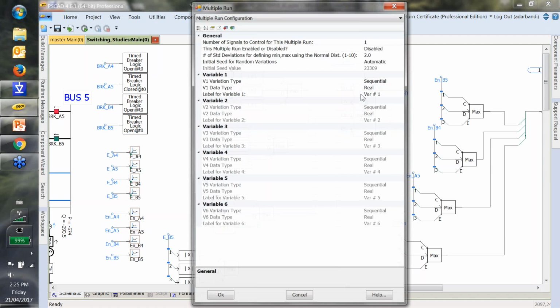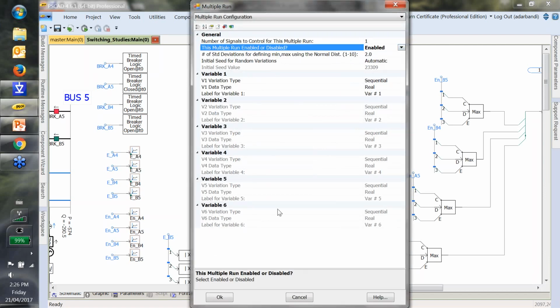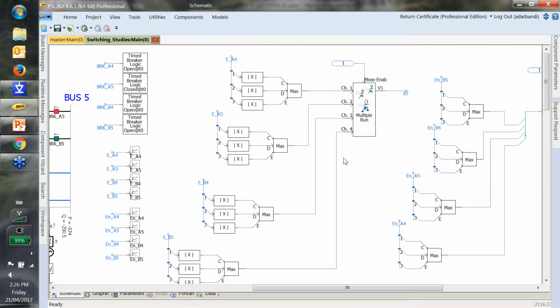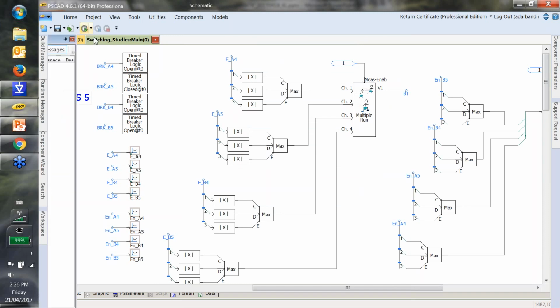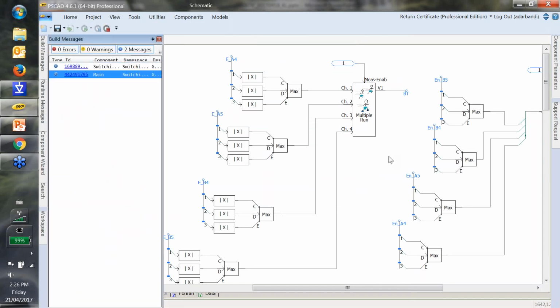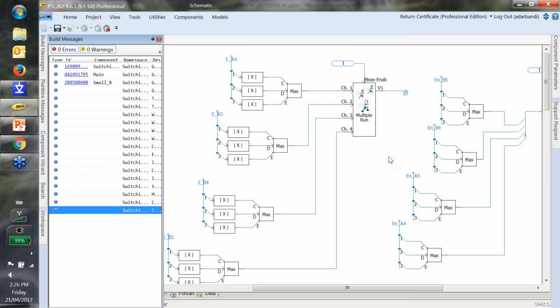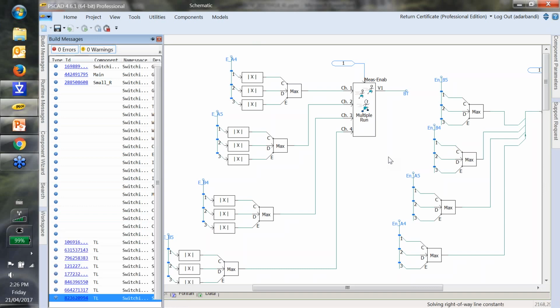If I activate the multiple run, and I press run, as you see at the bottom, the case starts running successfully.